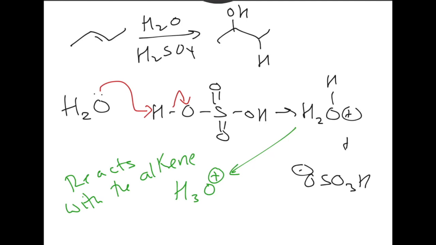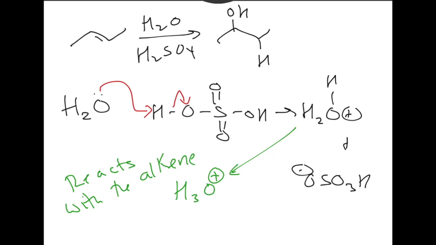The H3O plus is what actually reacts with the alkene. The sulfuric acid doesn't hang around long enough to interact with the alkene at all. It goes into the solution and immediately protonates water. And then that protonated water, the H3O plus, is what actually does the reaction now.